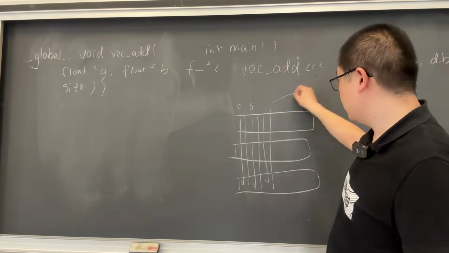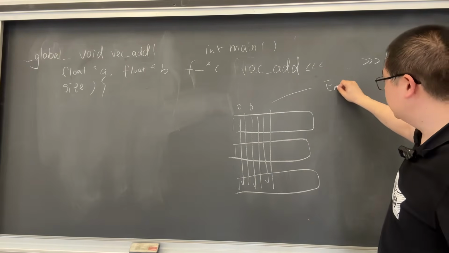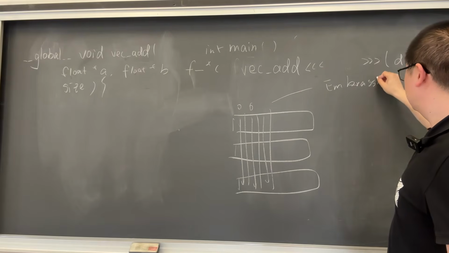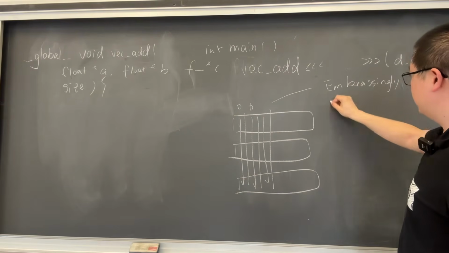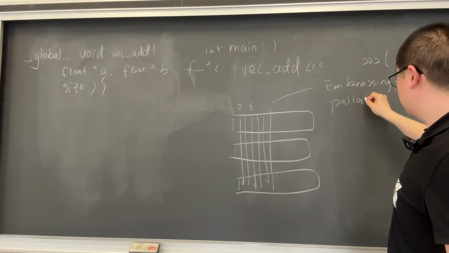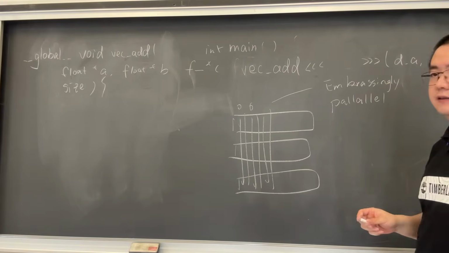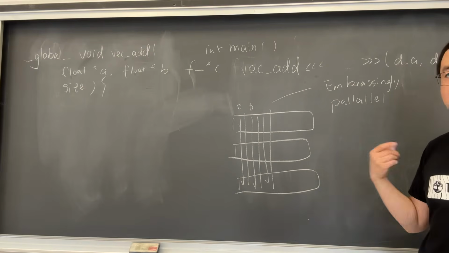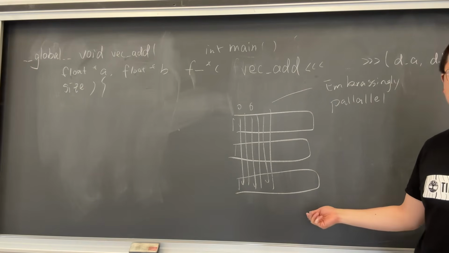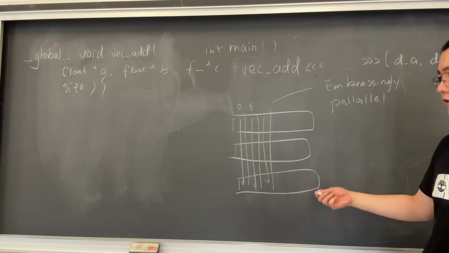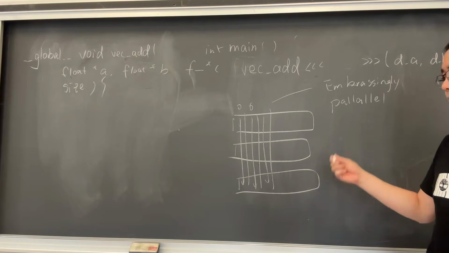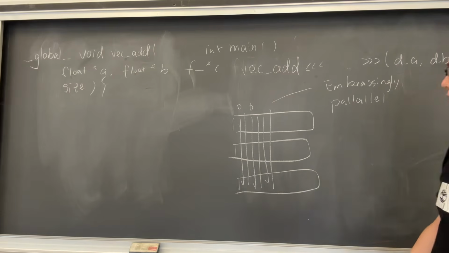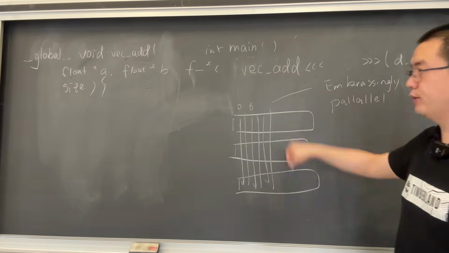In this case, we call it an embarrassingly parallel pattern. This pattern is called embarrassingly parallel because it's just so easy to make it parallel. Almost there's no need to do any optimization or any special type of work. It's a basic element-wise operation, right?